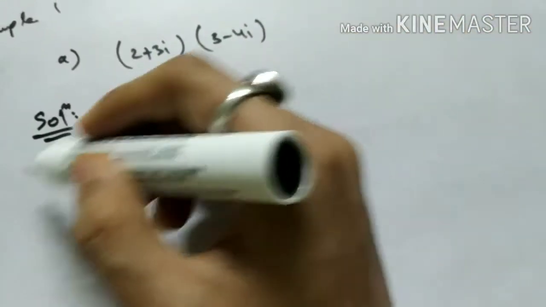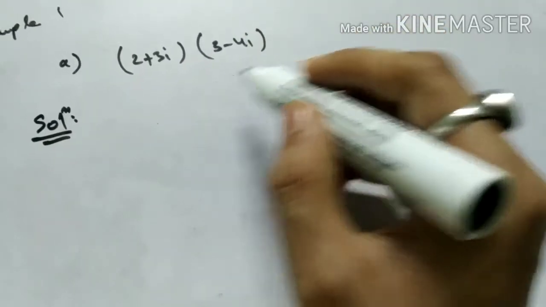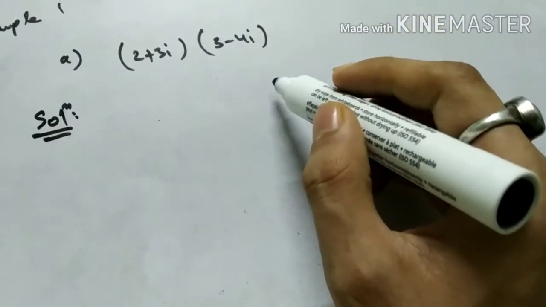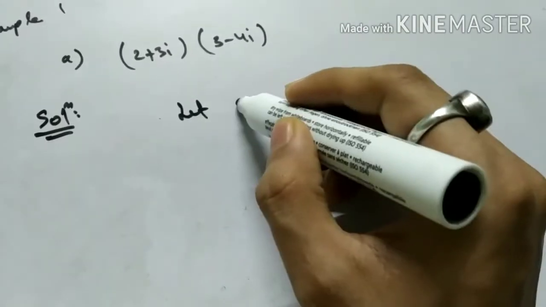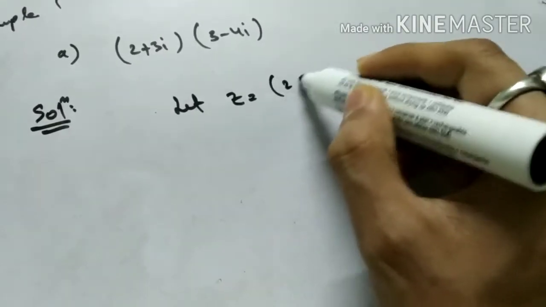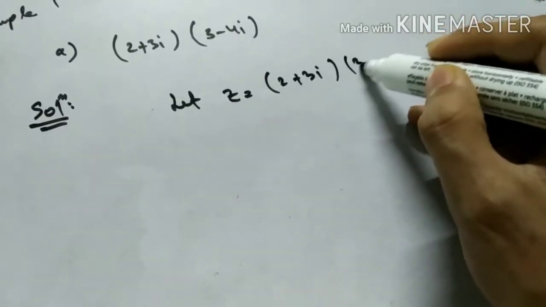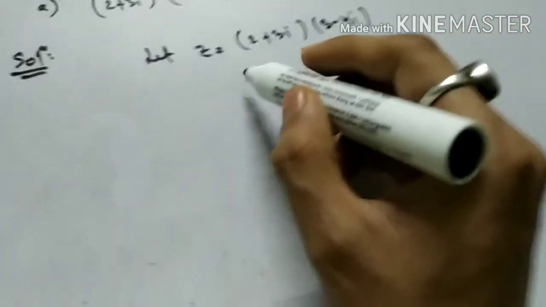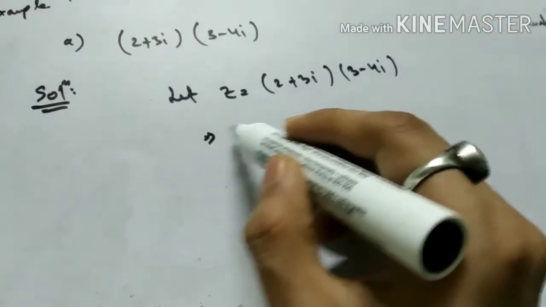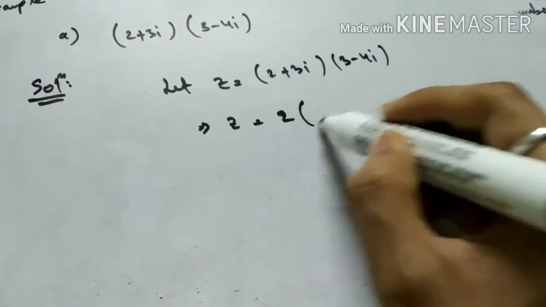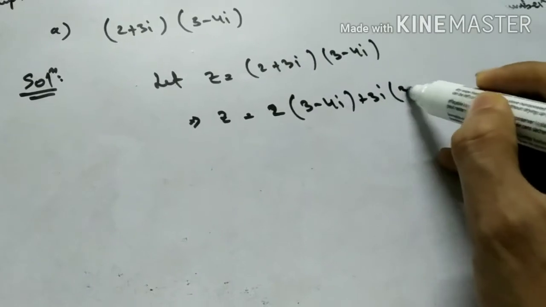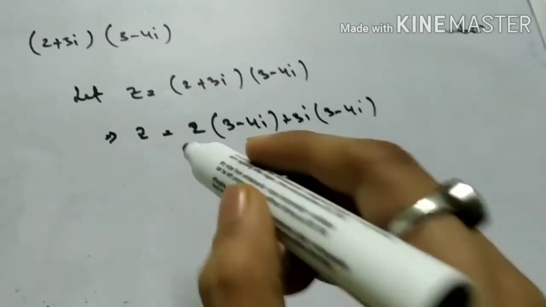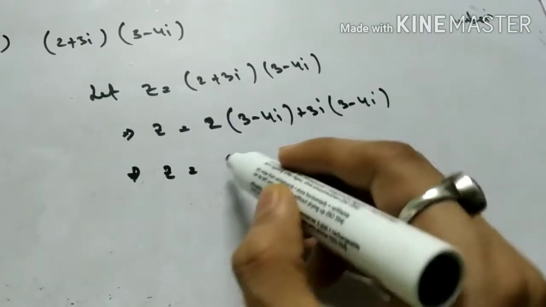So in the solution, first of all, let z be equal to (2 plus 3i)(3 minus 4i). First of all, let's multiply it and bring it to a plus ib form.